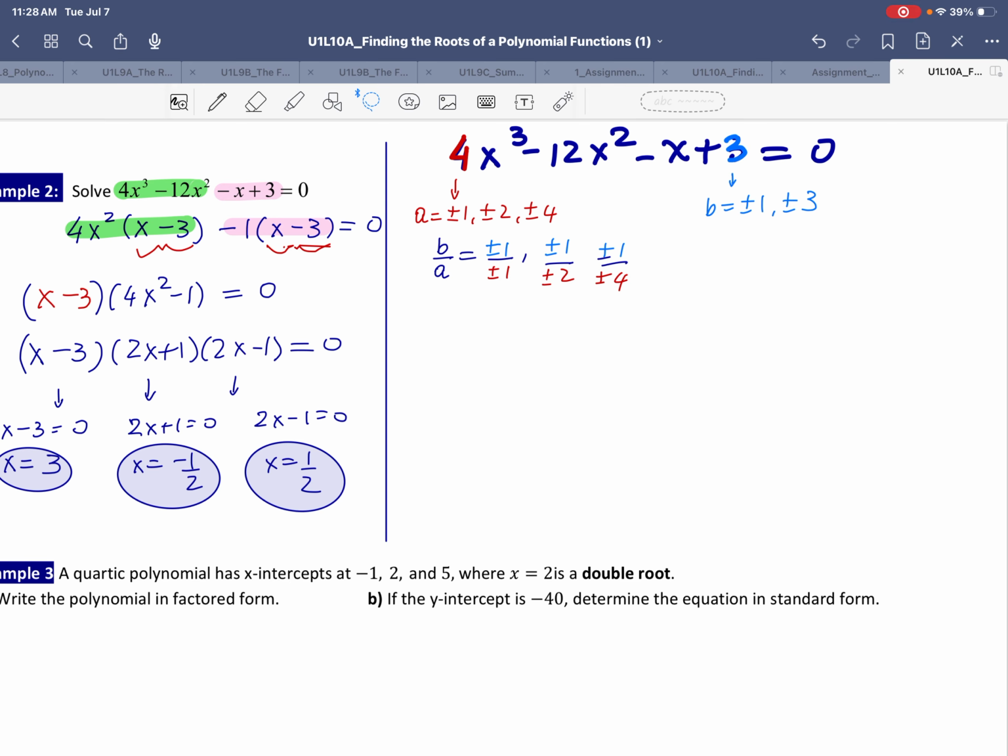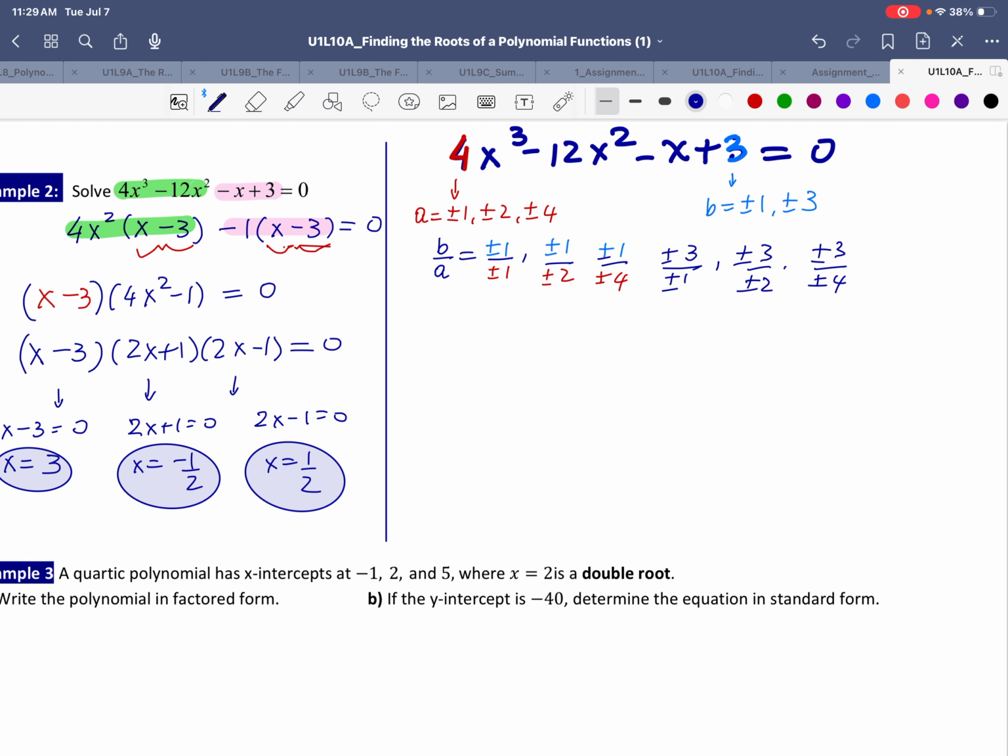And down here, we're going to have more values, so plus minus 3. So we're going to go plus minus 3 over plus minus 1, plus minus 3 over plus minus 2, and then plus minus 3 over plus minus 4.